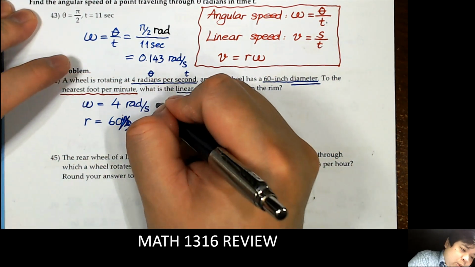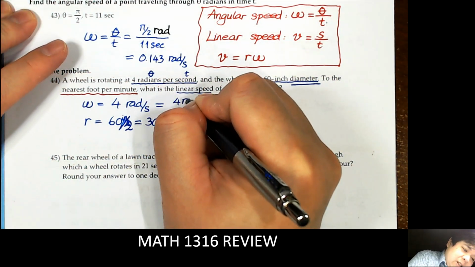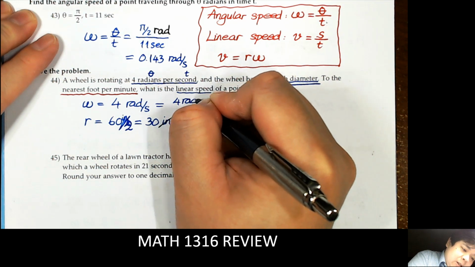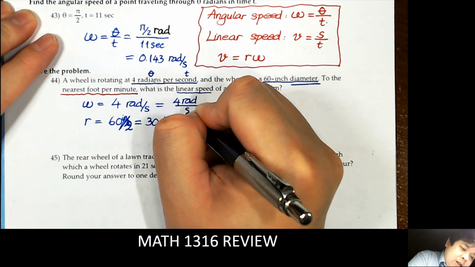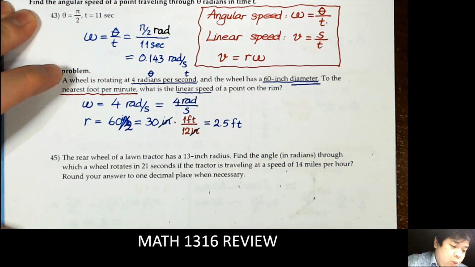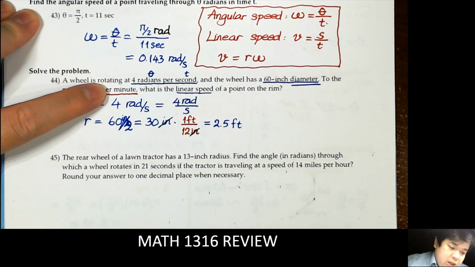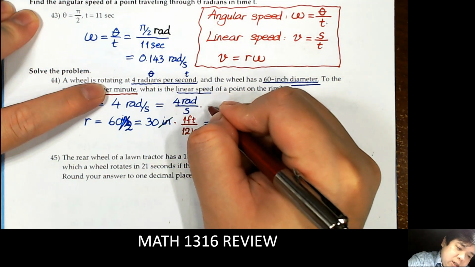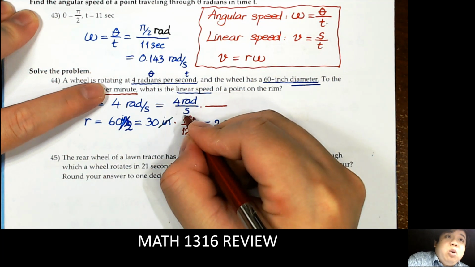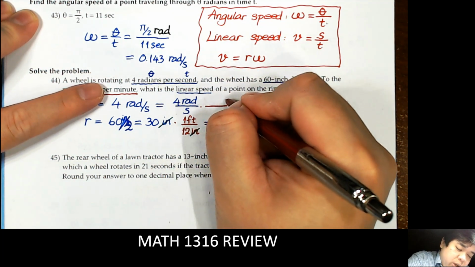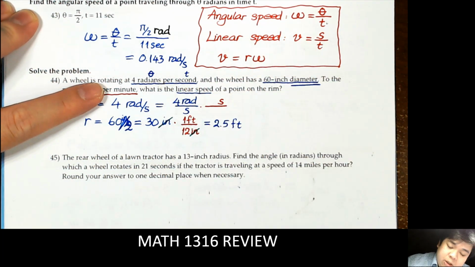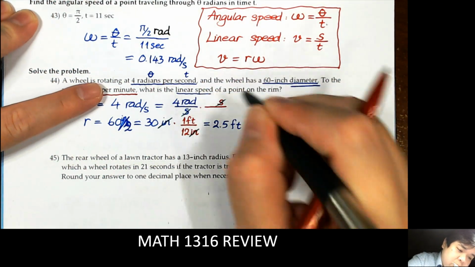Omega, we can write 4 radian per second. We need to have it in minute, so we convert this to minute. Since we don't need the second anymore, we need to put the second on the top, so it will cancel.